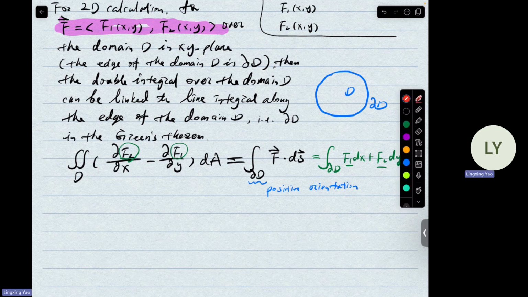So what does that mean? That means at any arbitrary point along the domain D, for example here, you can either go counterclockwise or clockwise. The positive orientation is the counterclockwise direction.